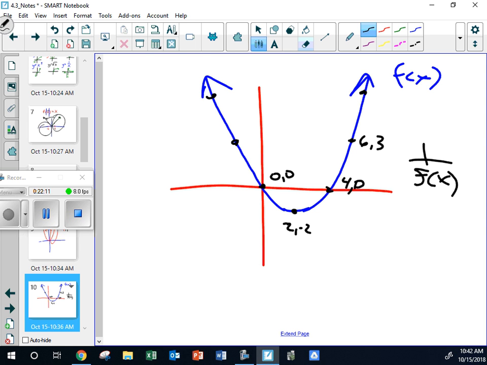Let's say that this is negative 4 comma 3. And I could be off from exactly what these are. I'm just kind of guessing what each point is. And now I'm going to do one more. Let's say that this is 7 comma 6. And this is at negative 5 comma 6.